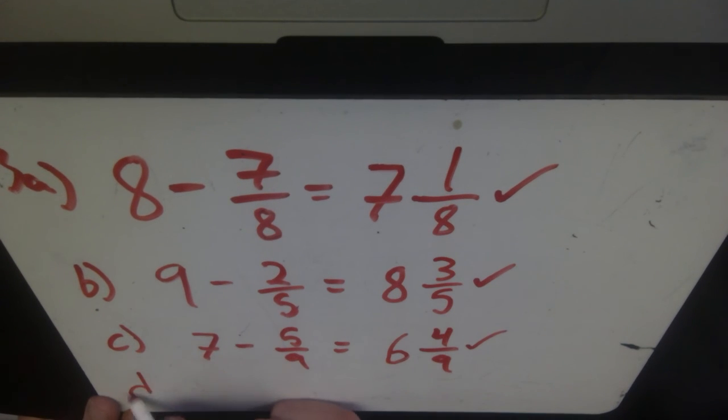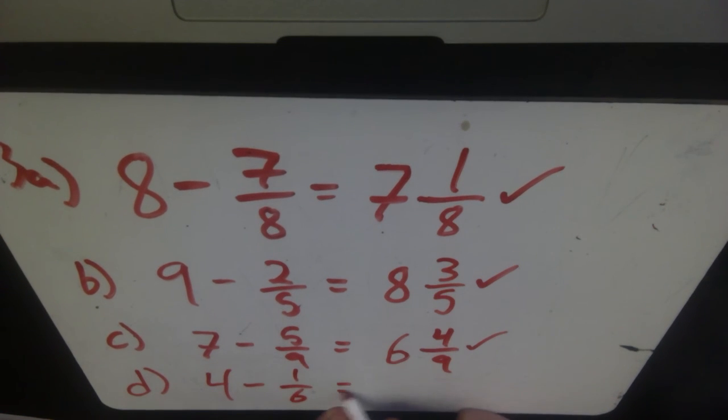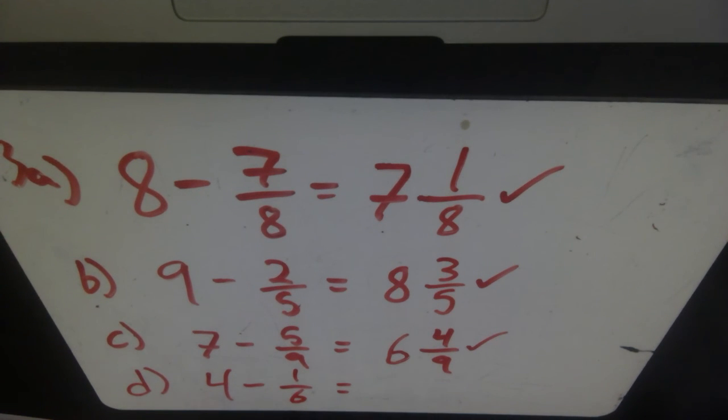And last one, D. We'll slow it down on this one a bit again. I have 4 subtract 1 over 6. So to get to that 4, I'm going to take away 1/6 from that 4. Working backwards, I'm going to ask myself, what do I have to add to 1/6 to get to 4?